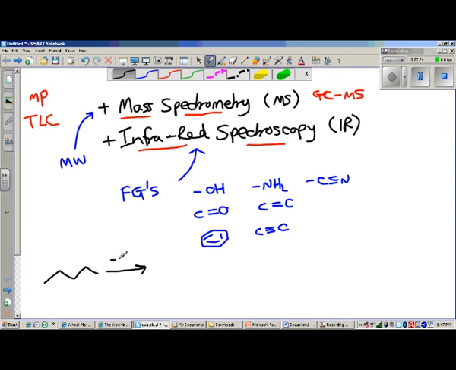What this thing does is it sends in a massive amount of electrons, literally like a laser, and hits this molecule with that bunch of electrons. And what happens is those electrons smash into it and actually cause one electron somewhere in the molecule, usually the highest energy part, to break off.